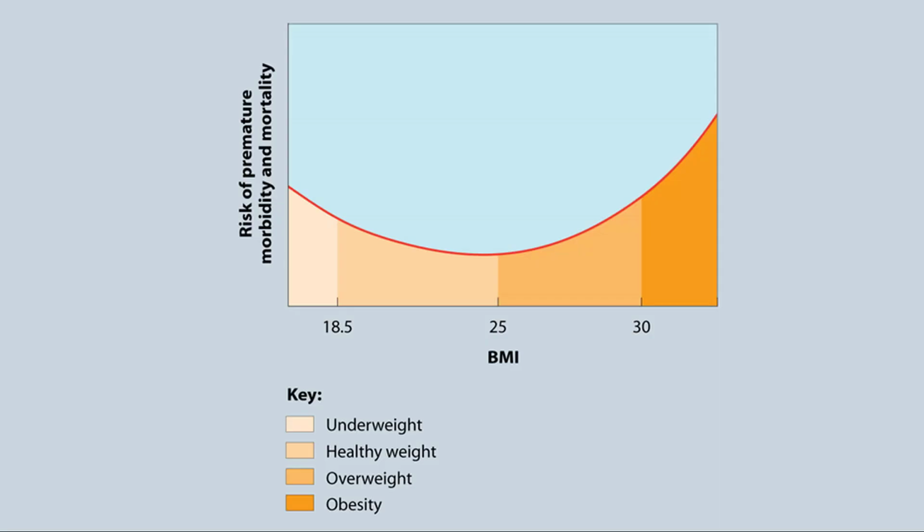Now, like all fitness principles, it follows the Goldilocks principle. You can see on the right-hand side that when you increase in BMI, you have increased mortality from all other causes. So that's why the hypertension, coronary artery disease. But you'll see that when you go to the left, if you start to lose too much weight, you also have increased mortality. So this 25 plus or minus 5, so like 20 to 30 range is really your sweet spot.